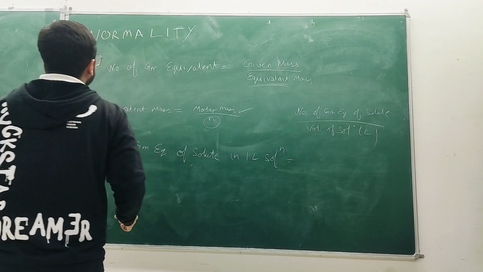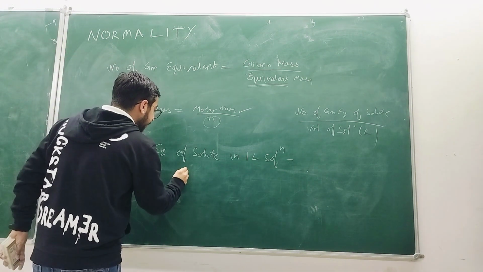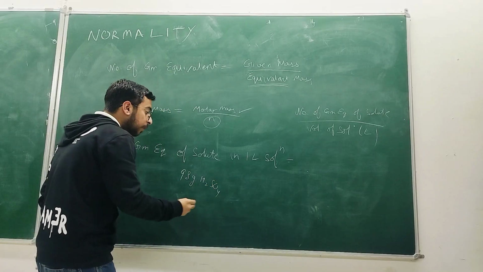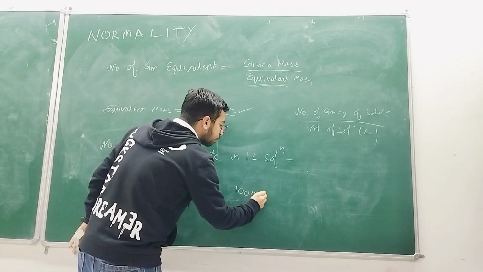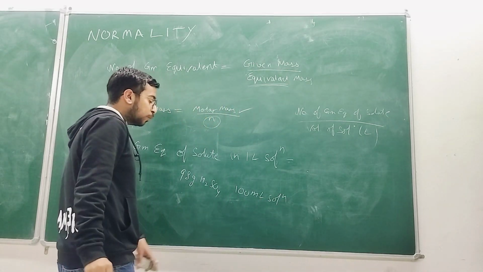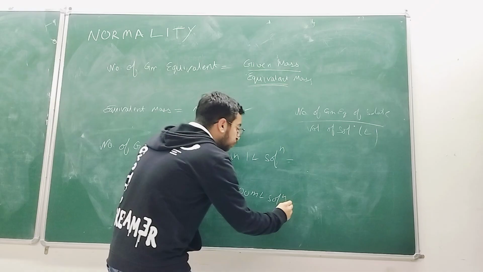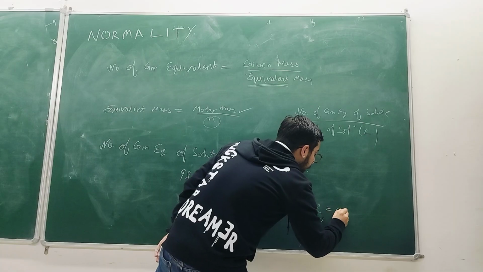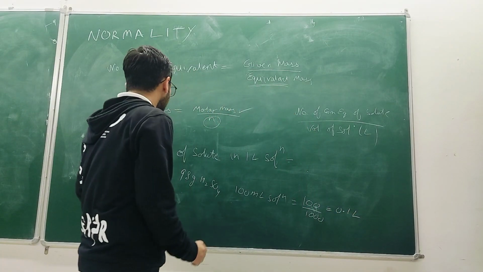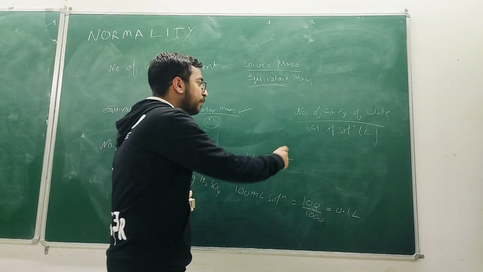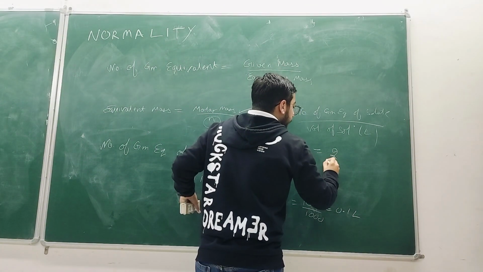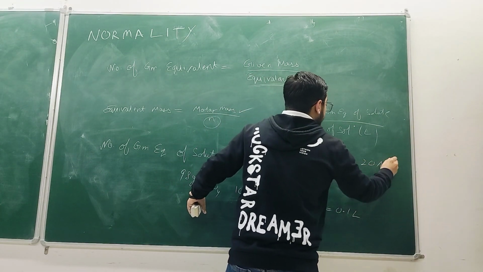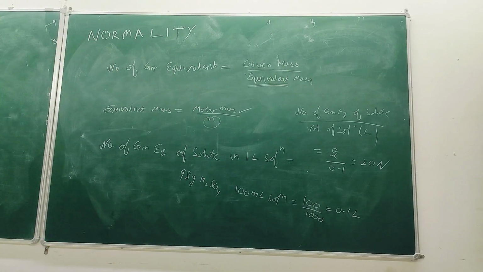Let's say you have to find the normality of 98 gram H2SO4 in 100 ml solution. 100 ml we can write in liter, which is 100 divided by 1000, so 0.1 liter. In 98 gram H2SO4 the number of gram equivalent is 2, divided by volume of solution in liter, 0.1, which is equal to 20 normal. In this way we can find normality of any solution.